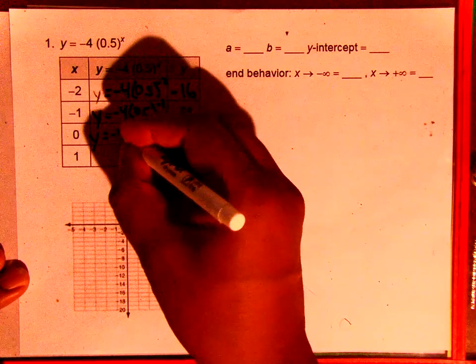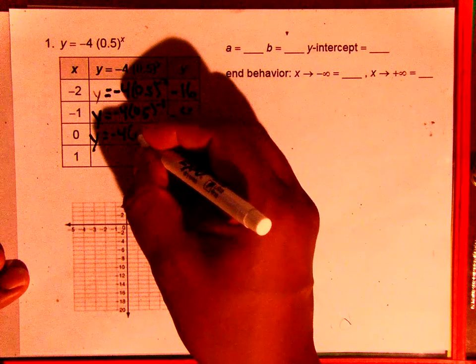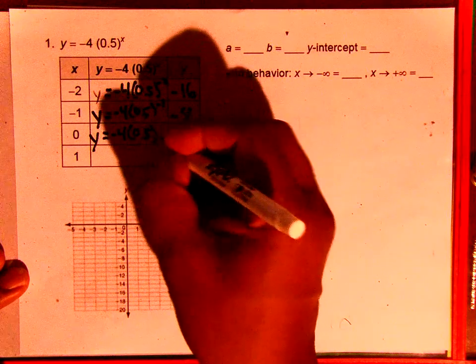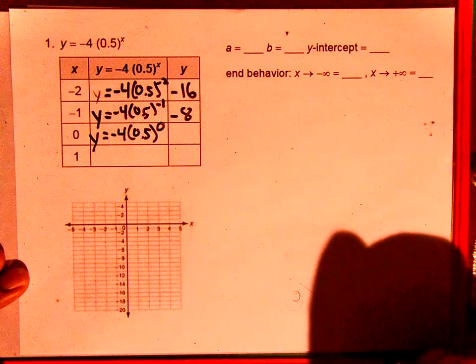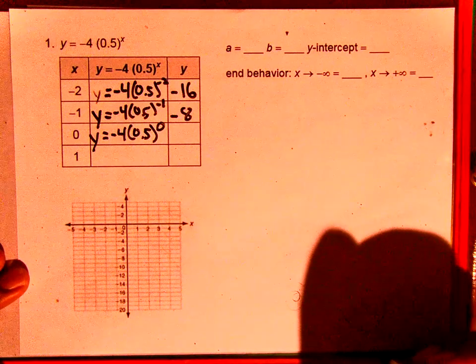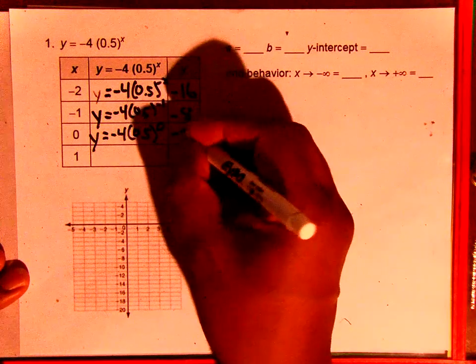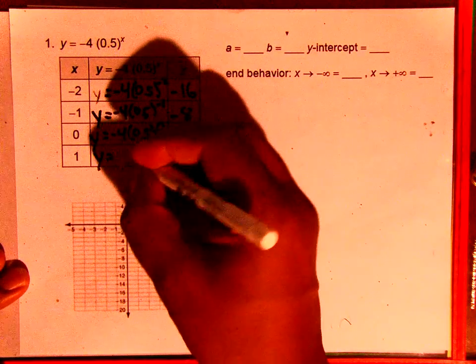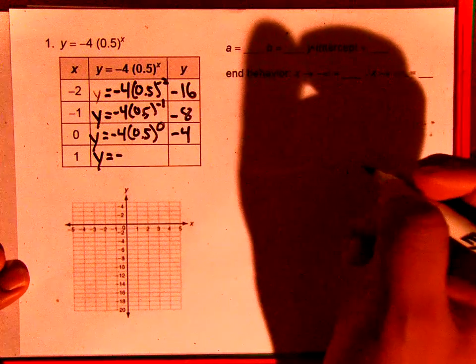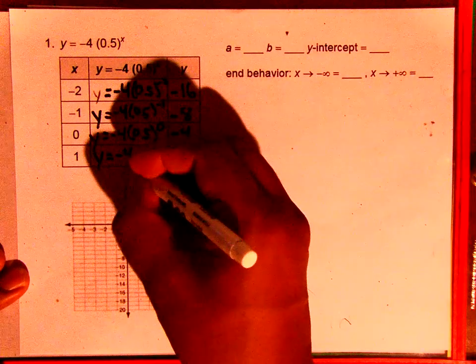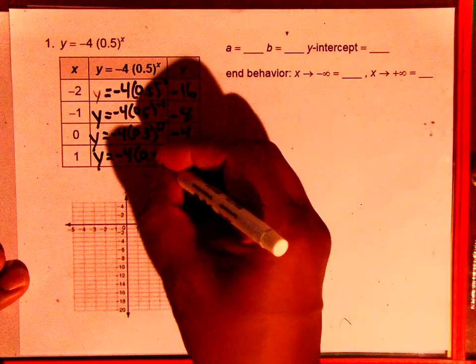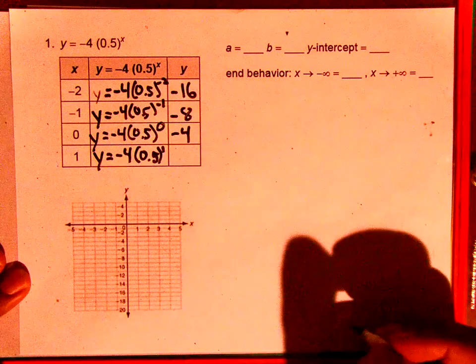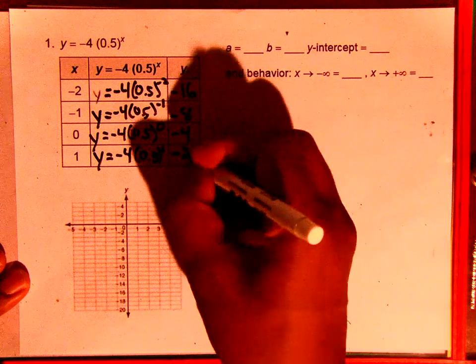When I plug in 0, I get negative 4. And finally, when I plug in 1, I get negative 2.